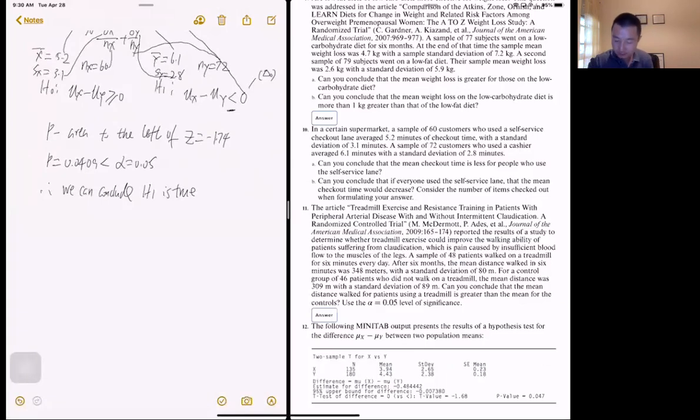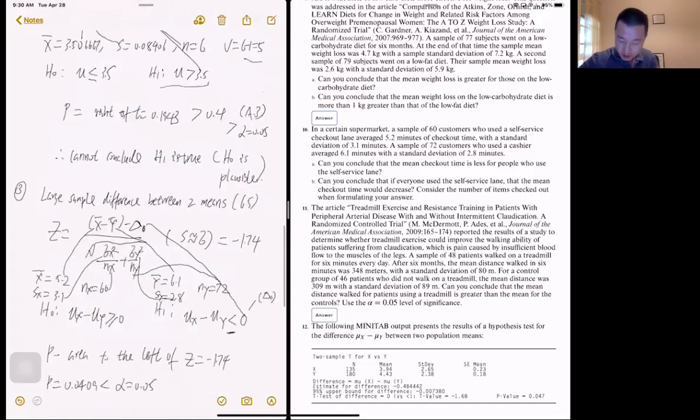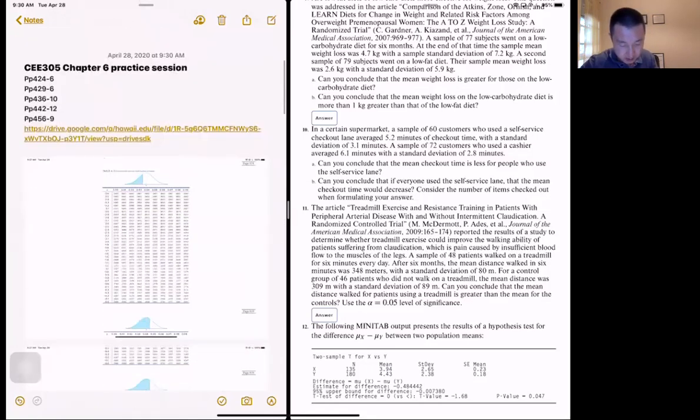So the people currently using the cashier may have more items to check out than the people currently using the self-service line. So we cannot conclude that if everyone uses the self-service line, the mean time will decrease. This is possible, so yeah, we cannot conclude that.